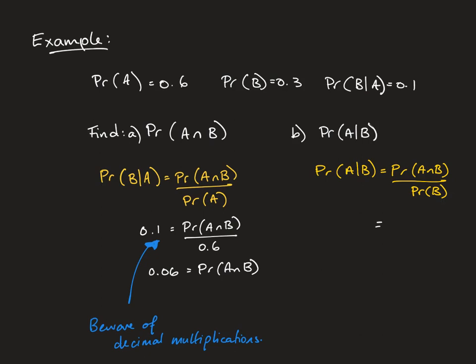So we just found that the probability of A intersect B was 0.06. Our probability of B is 0.3. So we're going to do that particular division. And if necessary, make them have the same number of decimal places so that you can see that it is really 6 divided by 30, which is 1 on 5.